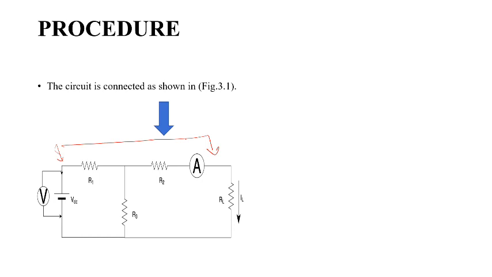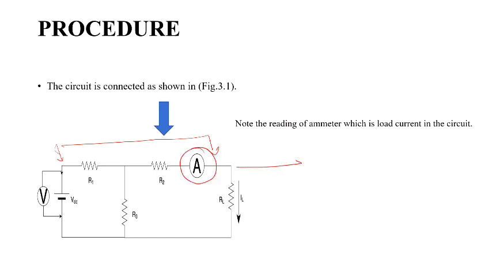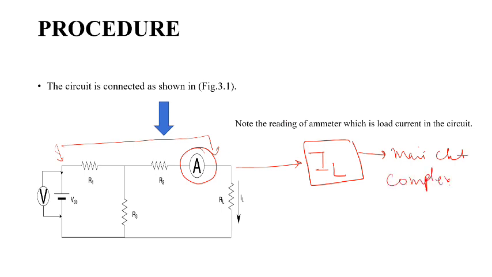And one more important thing you are going to do is note down the reading of the ammeter, which is the load current in the circuit. You are going to insert an ammeter in between, and you are going to measure a current which will be known as IL for your main circuit, or you can say your complex circuit.